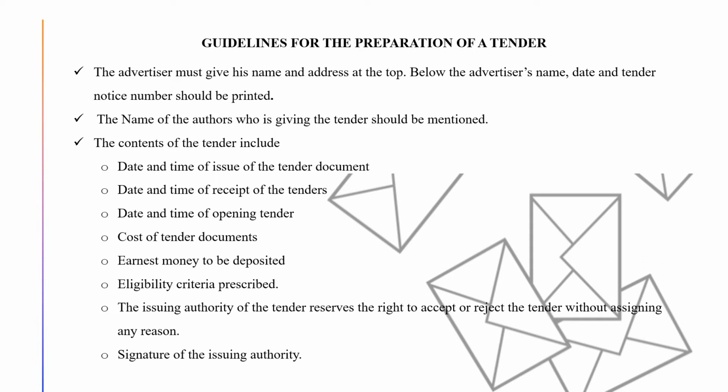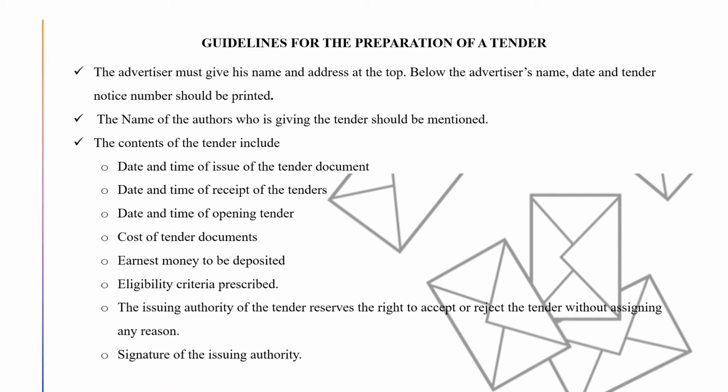Second one, the name of the author who is giving the tender should be mentioned. The name of the author in the sense, whichever company is taking up the tender, the company's name or the person representing the company, their name should be specified in the tender. Third point, the contents of the tender should include the following.